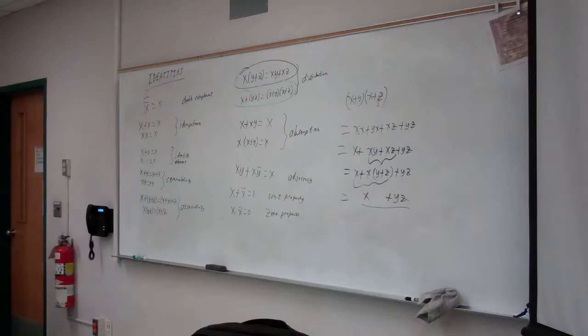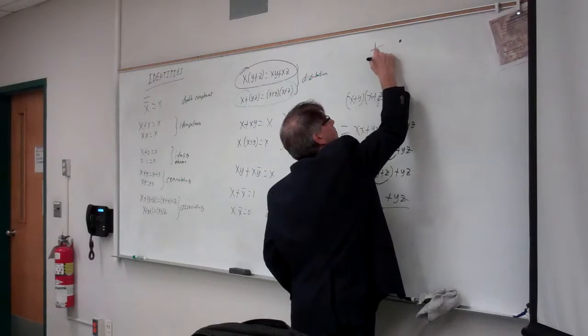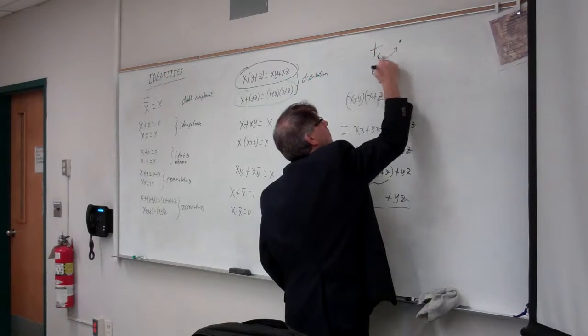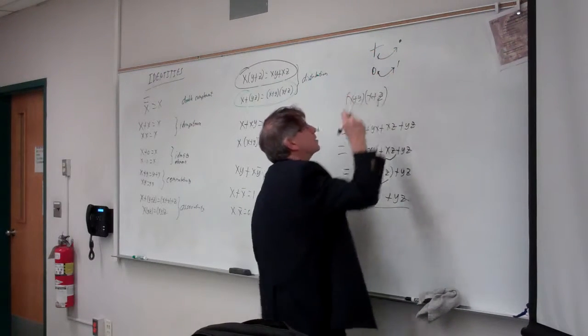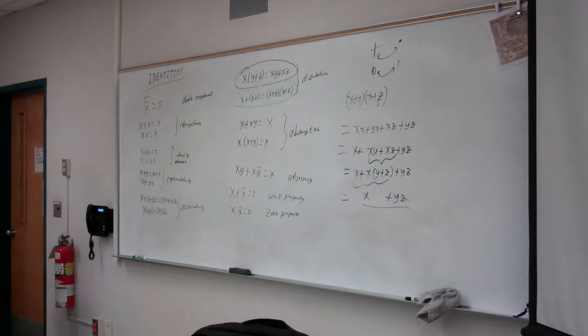which is all of these things come in duals. They come in pairs. If we exchange ands and ors, and we exchange zeros and ones, we usually get another rule that's also true.